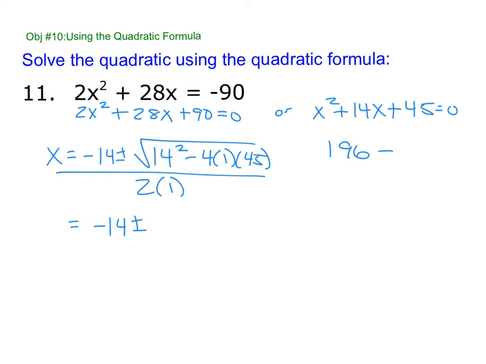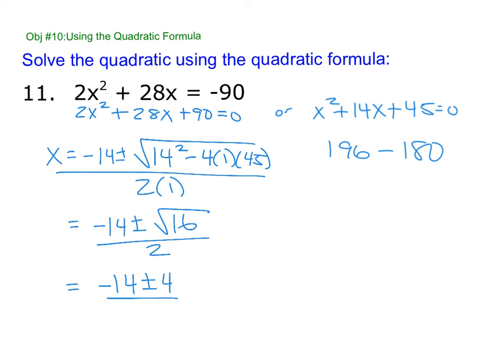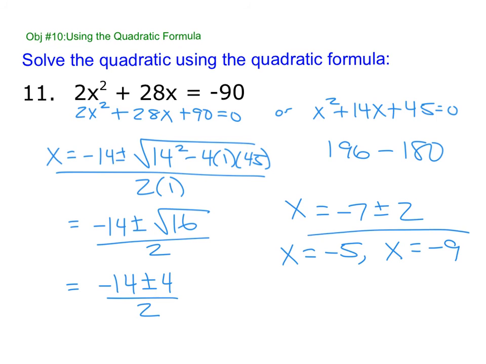Oh, this one's going to come out nice. 45, that's 90, double is 180, so it's 16. Square root of 16 all over 2. Negative 14 plus or minus 4 all over 2. So that's x equals negative 7 plus or minus 2. I divided by 2 just to make my life easier. And I got negative 7 plus 2 is negative 5. Negative 7 minus 2 is negative 9. So that one actually was factorable.